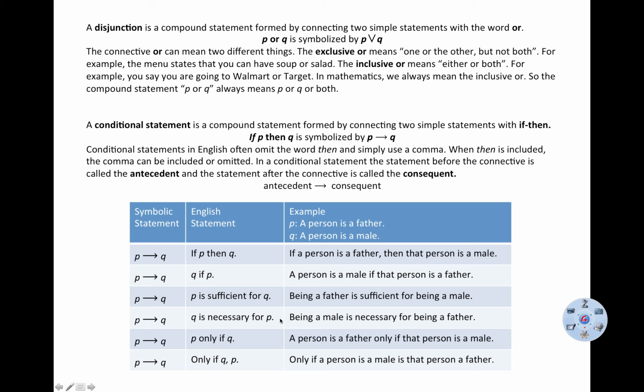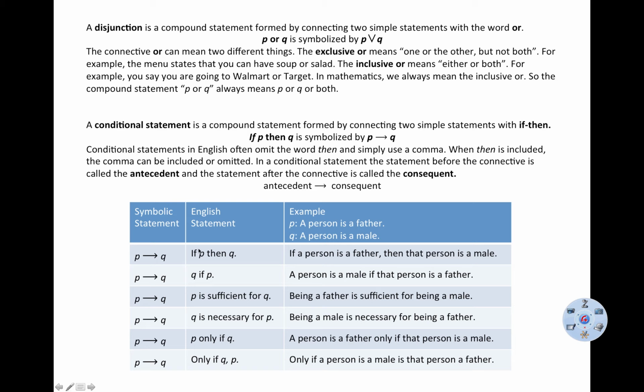Q is necessary for P. Being a male is necessary for being a father. P only if Q. A person is a father only if that person is a male. And only if Q, P. Only if a person is a male is that person a father.